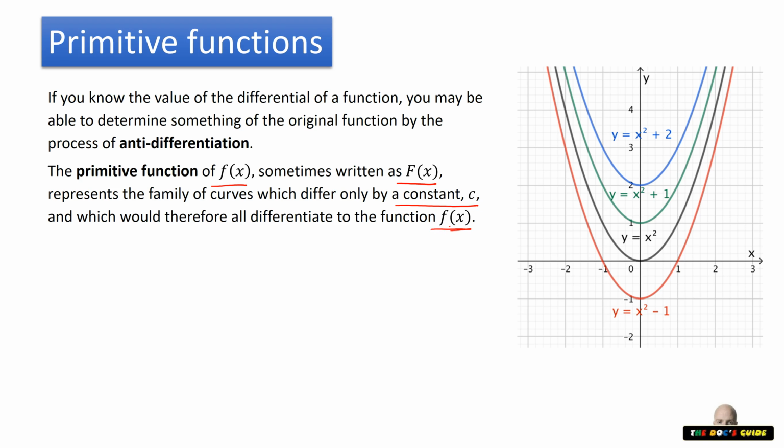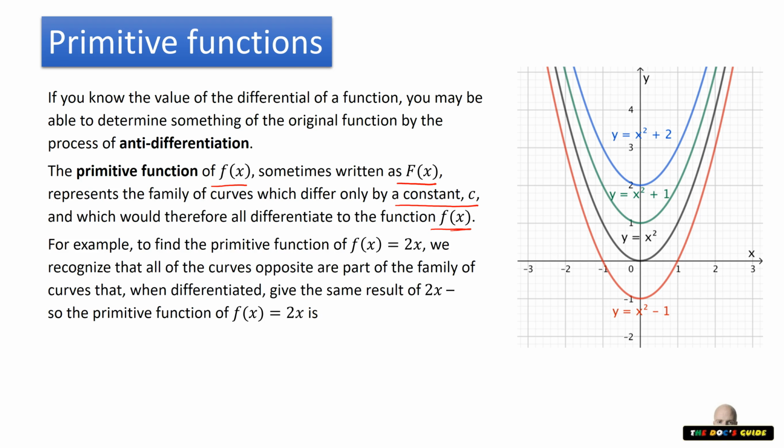If you look on the right here, you can see that all of this family of parabolas would end up differentiating to give us y dashed equals 2x. So if we are going to find the primitive function of y equals 2x, it could be any of those curves there. So what we have to do is recognise that we are talking about a family of curves.